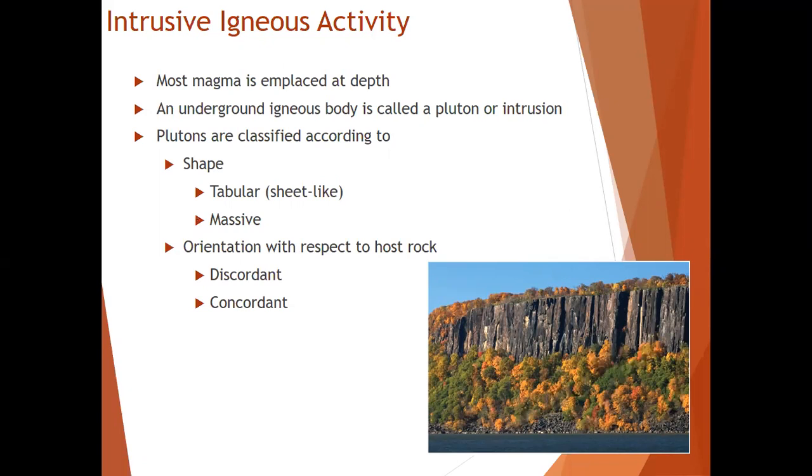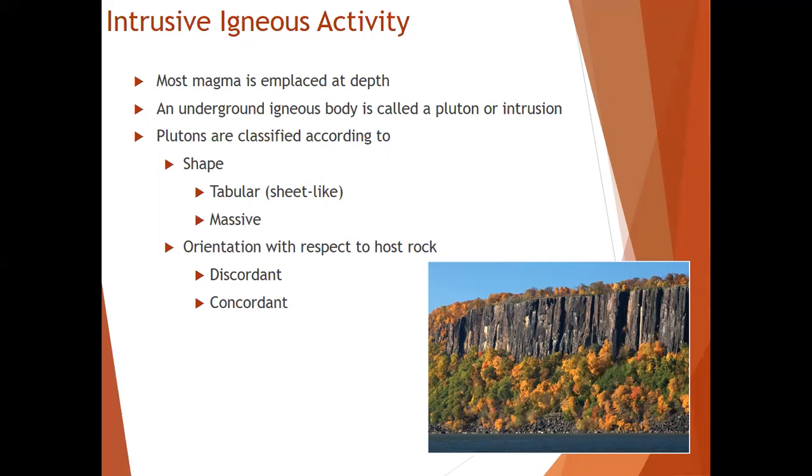Their shape is usually classified as tabular or massive. The tabular ones are sheet looking, like you can see in the picture here. The massive ones, we'll see in a few minutes what they look like, but they're going to be much more like a solid, large, rounded rock as opposed to looking like sheets of rock.